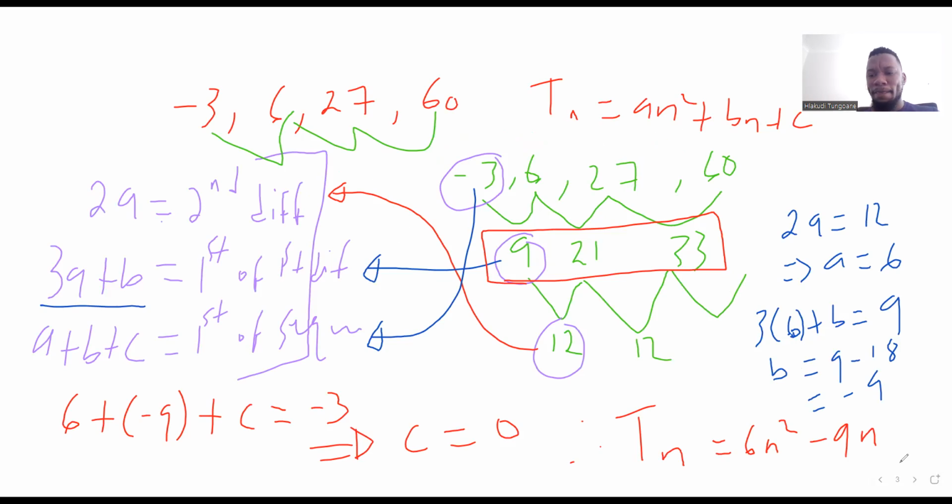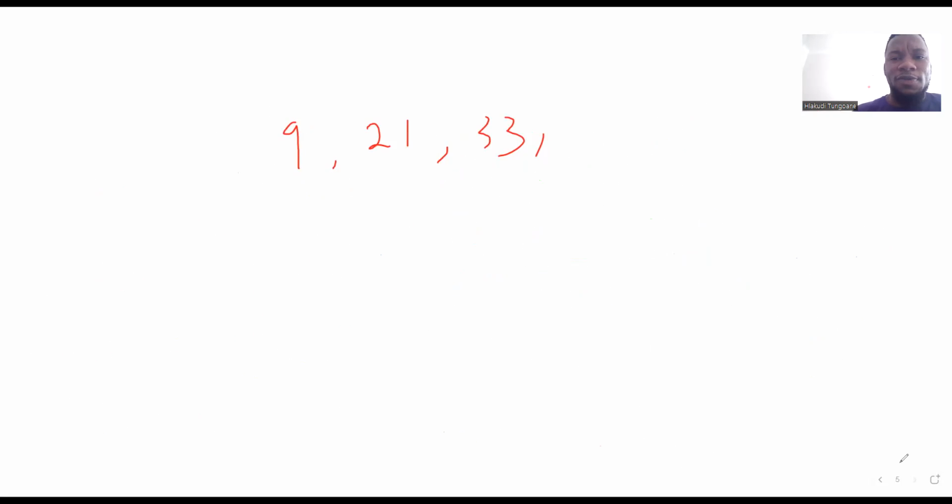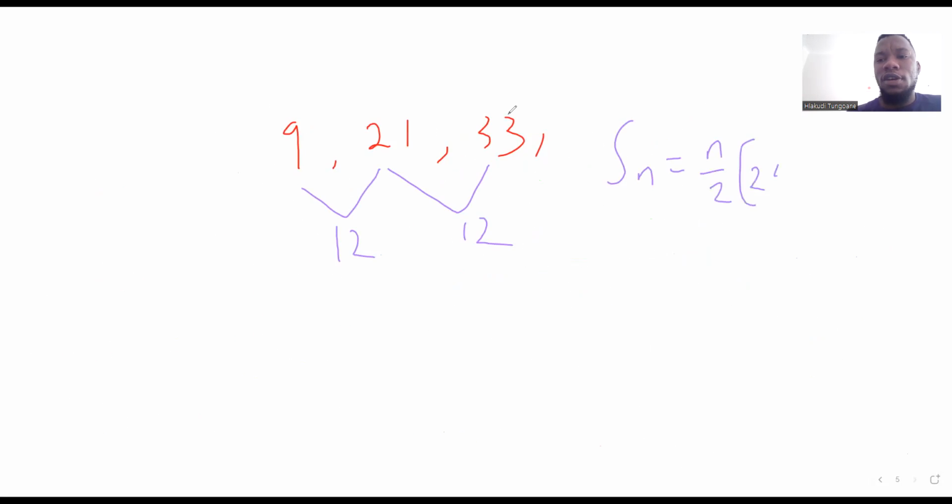If we try to find the difference between these two, we know that's 12. Then we need to apply the Sn formula, which is n over 2 times (2a plus (n minus 1)d).